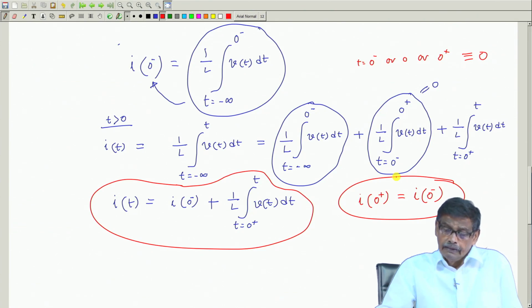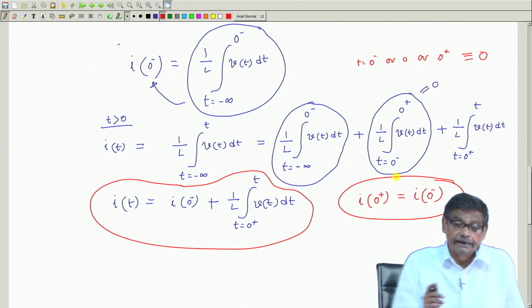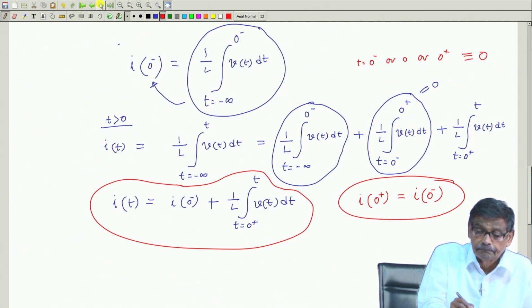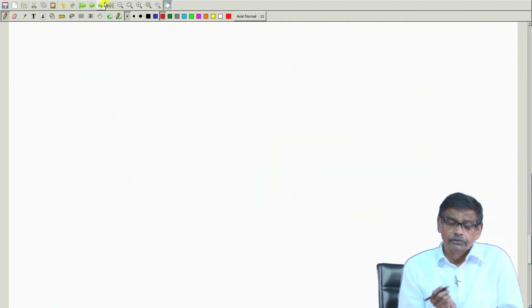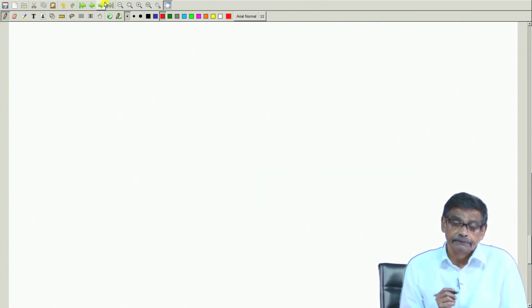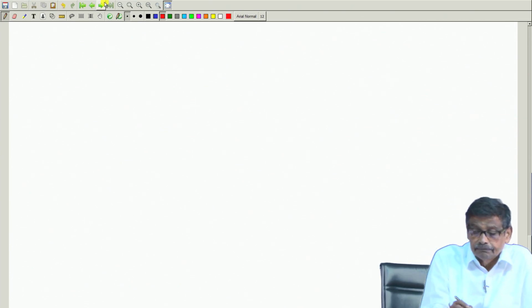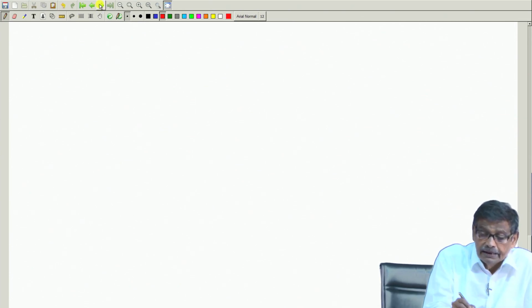Okay? Now, this inductor. Sometimes suppose I say that an inductor, now inductor is an energy storing element.